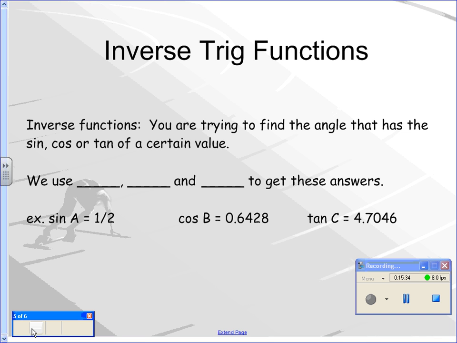All right, y'all paying attention? Sean, attention? For inverse functions, you're trying to find the angle that has the sine, cosine, or tangent of a specific value. The inverse ones are these buttons.